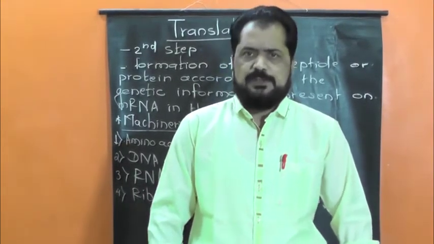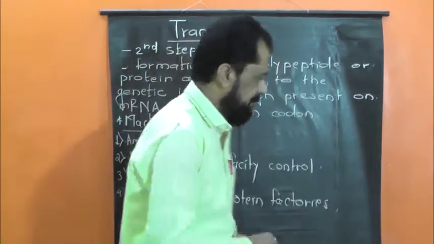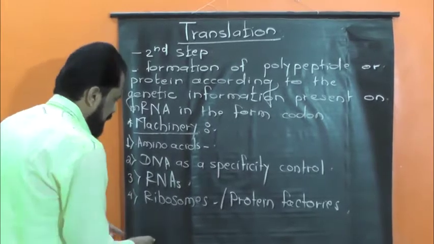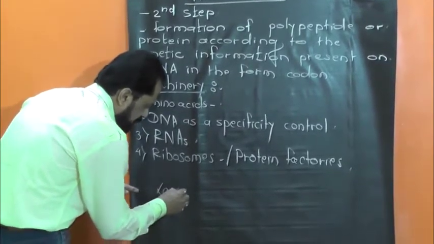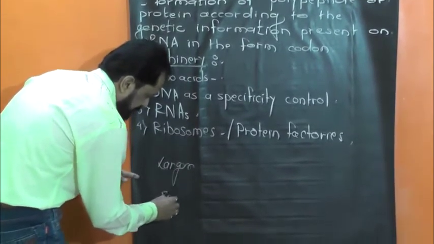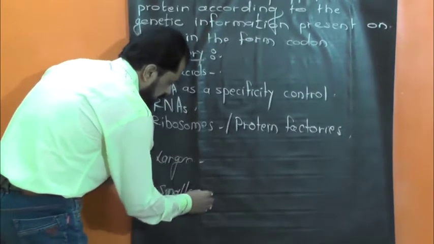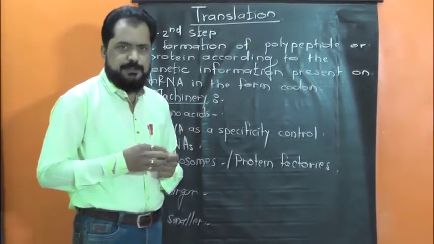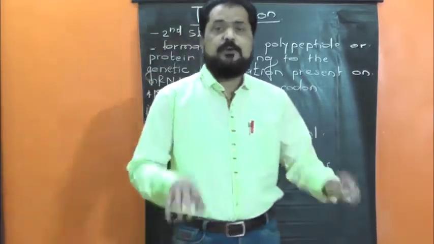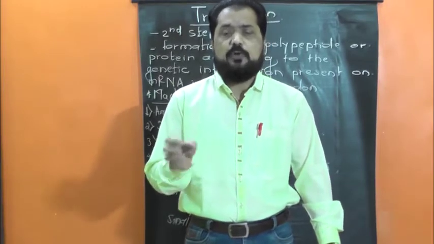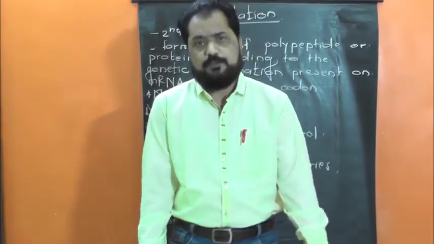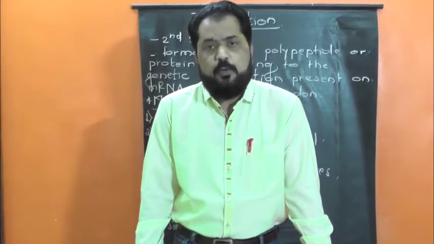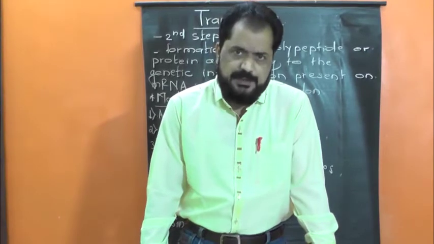The ribosomes consist of two subunits. Structurally, ribosomes consist of a larger subunit and a smaller subunit. These remain separate from each other when they are not involved in protein synthesis, and they join together only at the time of protein synthesis.